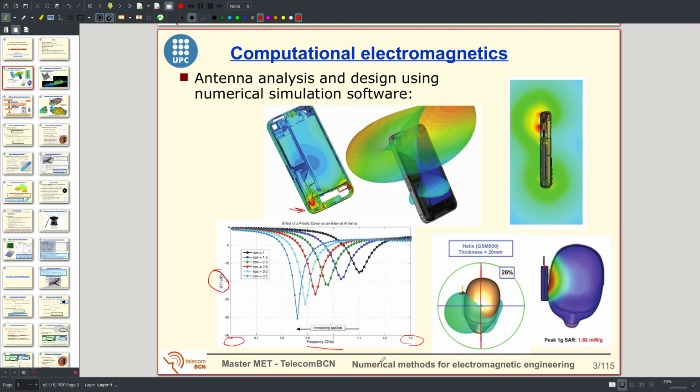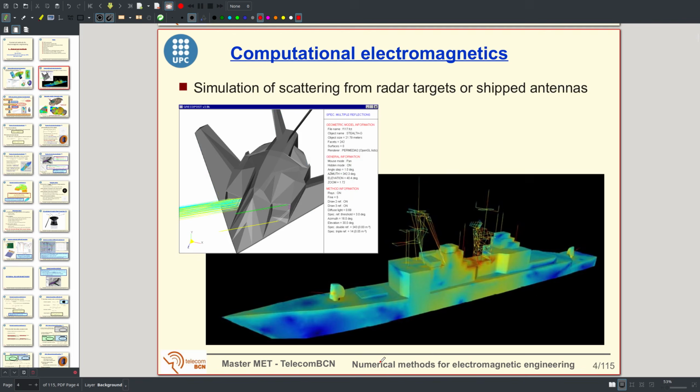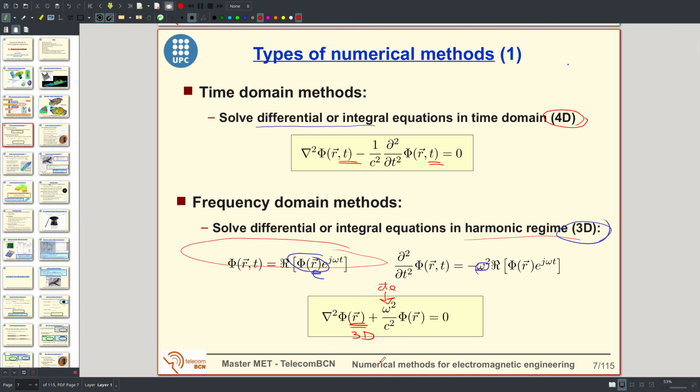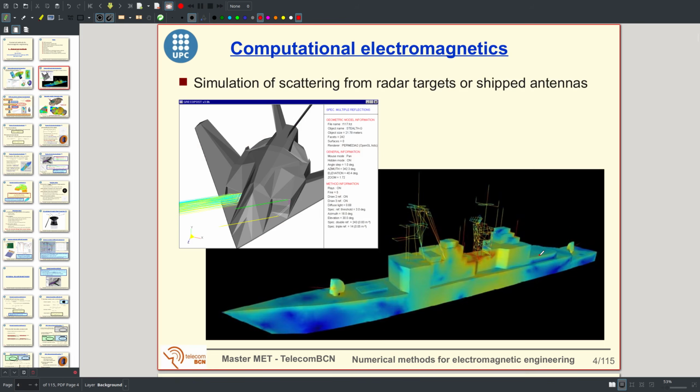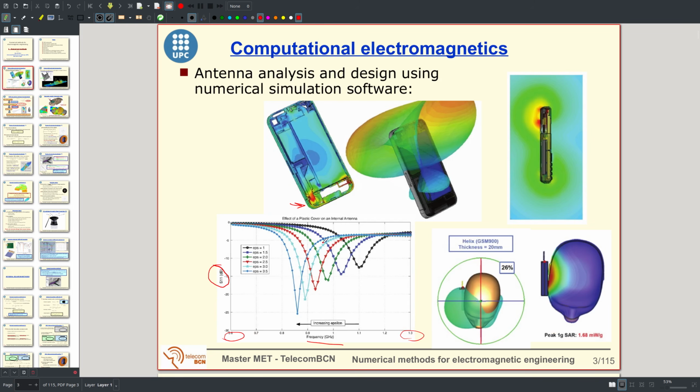How can you obtain this frequency response? Well, very simple. If you use a frequency domain method, which is quite common, you have to solve the problem many times for different frequencies. So you define a vector of frequencies, and for each frequency you obtain, you can see here, the different frequency samples.